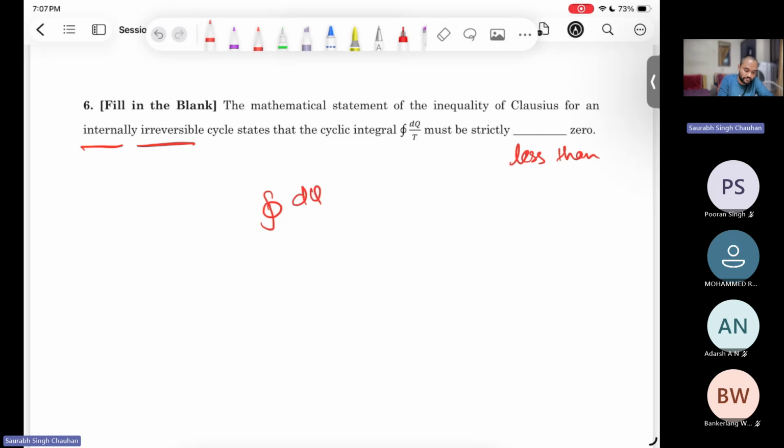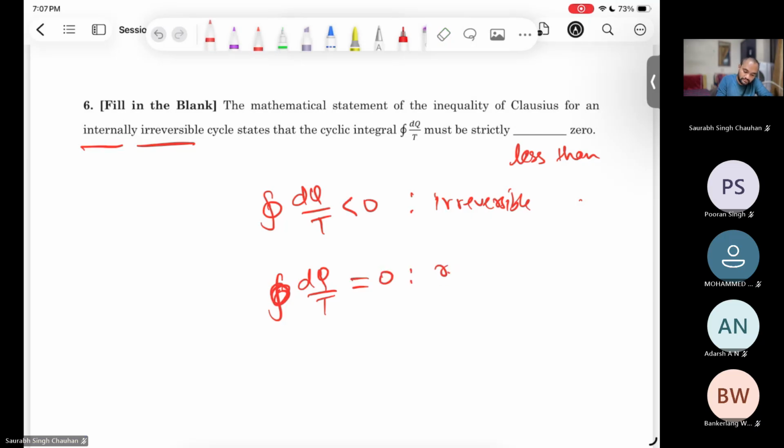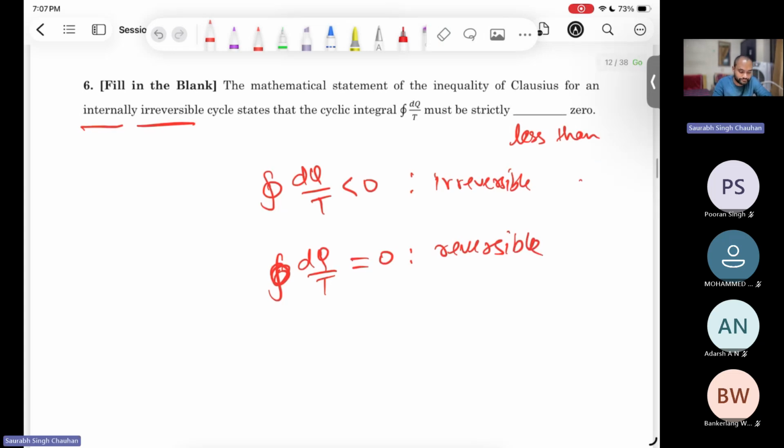Cyclic integral of dq by T is negative for an irreversible cycle. And for a reversible cycle, it is 0. Anyway, we have written the cyclic integral symbol, so that itself means that the process is cyclic.